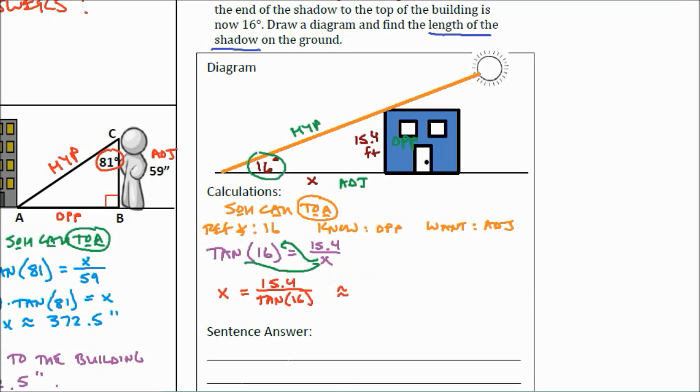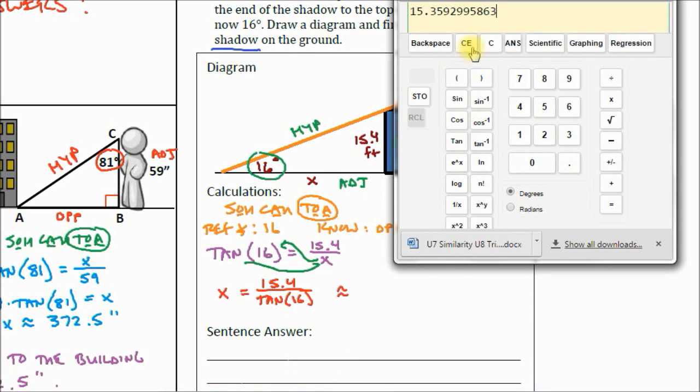We can actually put that in our calculator now. We've got 15.4 divided by tangent of 16 degrees, and that equals 53.7. And I'm wondering here, let me check it out one more time to make sure I have that right. I've got 16 degrees, I've got 15.4.